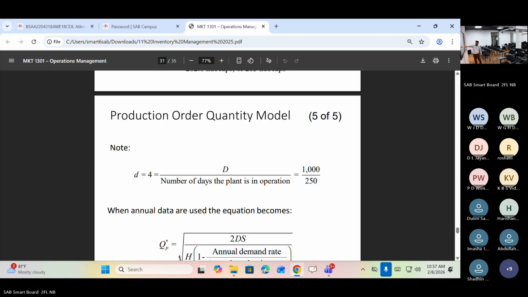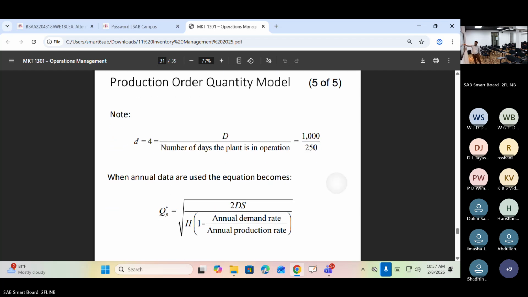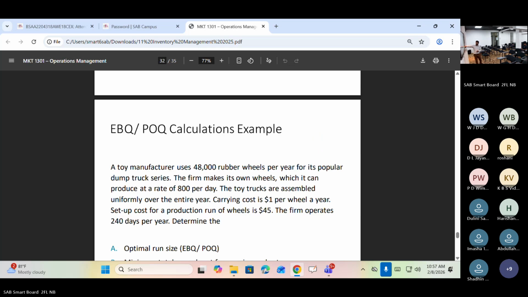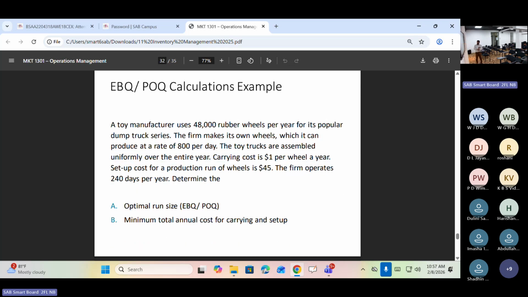In the same manner, sometimes you will be given only annual demand and the number of days the factory operates, so you'll have to calculate simple D. Assume you are provided some of this information and asked to decide EBQ, production order quantity or economic batch quantity, or what we call optimal run size, the size of a batch.